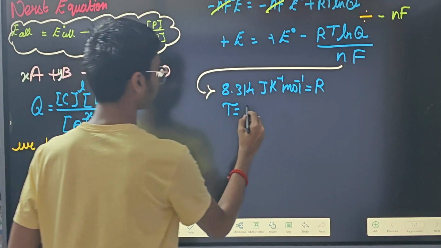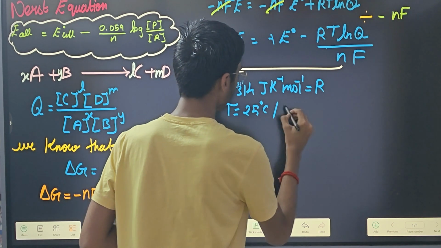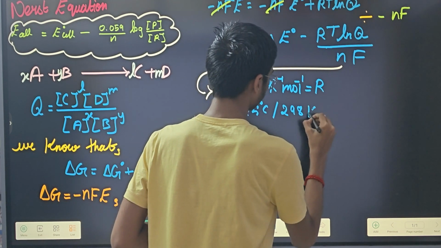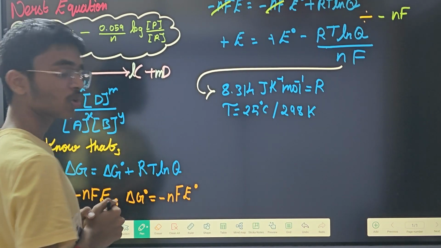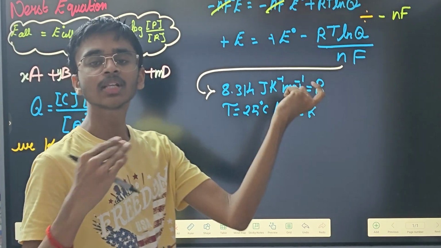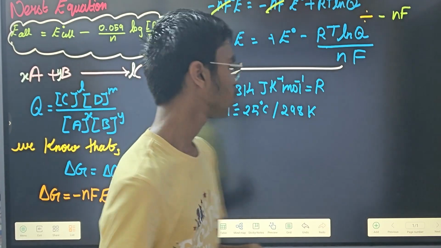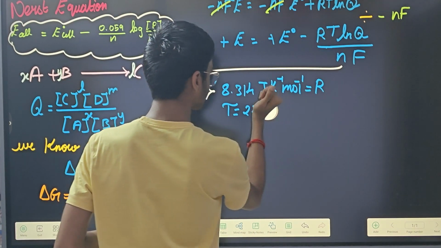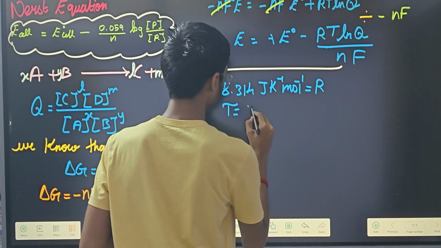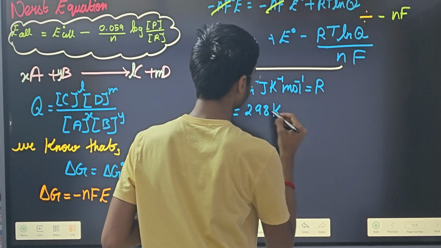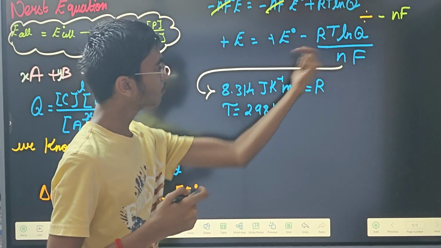It will be either 25 degrees Celsius or 298 Kelvin. Mostly Kelvin is preferred because Kelvin is the SI unit. So we will erase 25 degrees Celsius and just use 298 Kelvin.